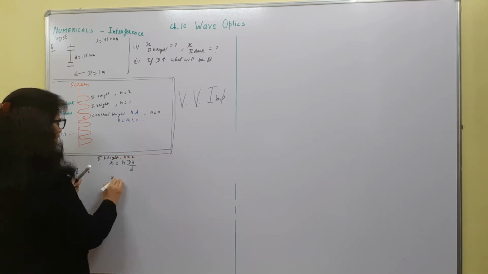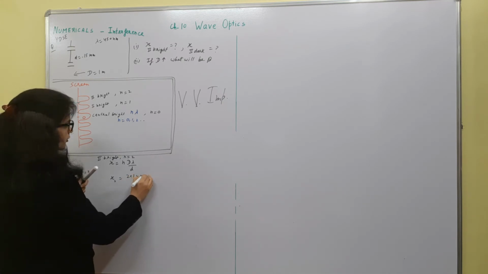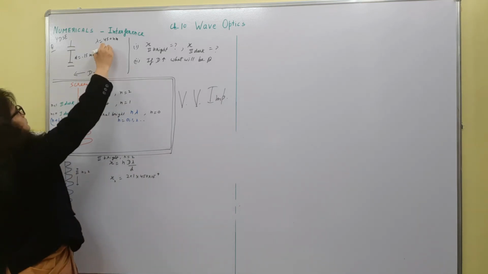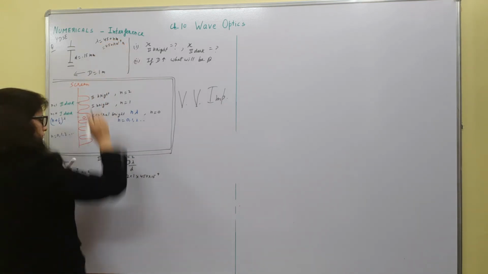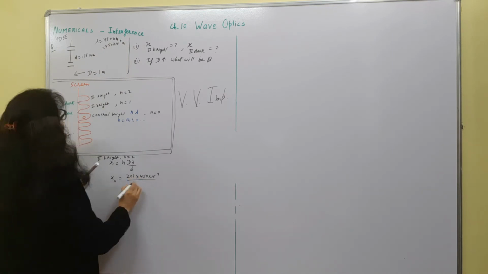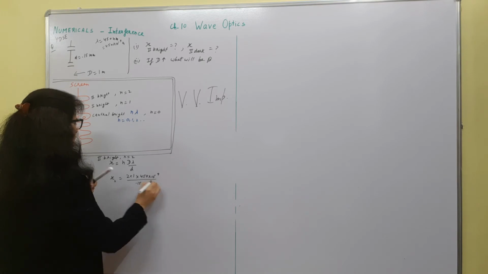So x is equal to 2. D is how much? 1. Lambda is how much? 450 into 10 to the minus 9, upon small d, which is 0.15 into 10 to the minus 3 meters.